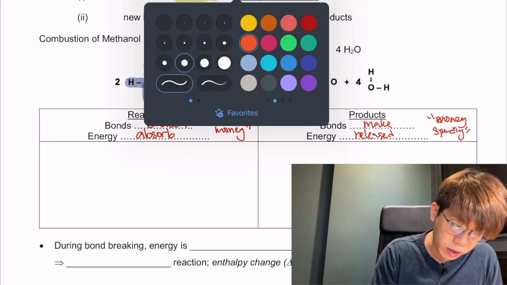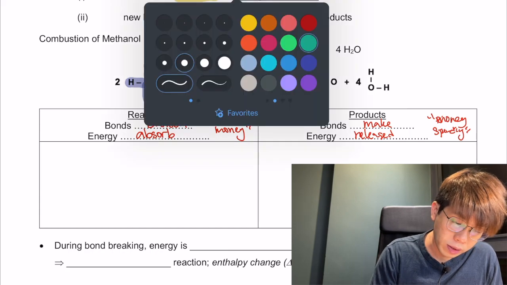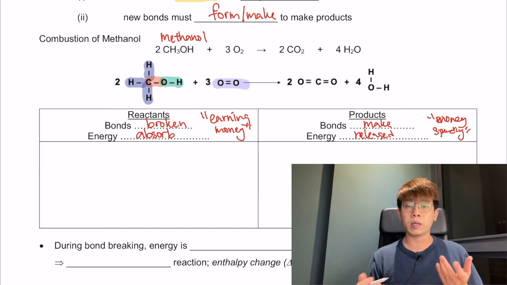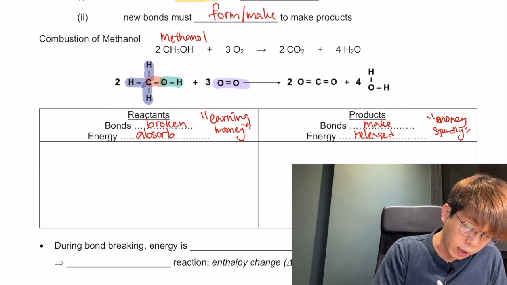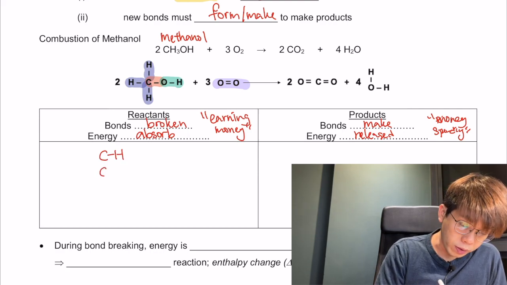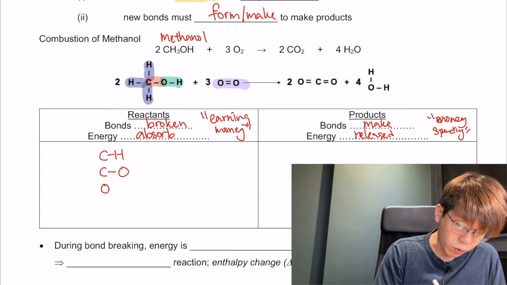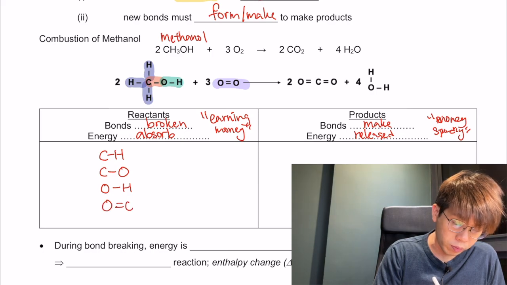Then in green, there's an O-H, and lastly, we have an O=O double bond. So these are the only bonds that we have in the reactants. So I'm going to write down: we have the C-H single bond, the C-O single bond, the O-H single bond, and the O=O double bond.